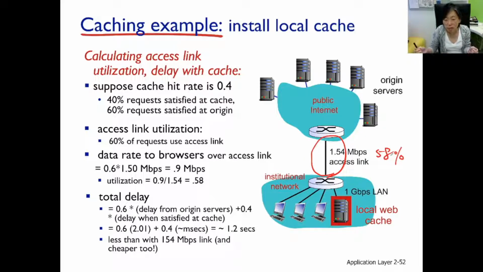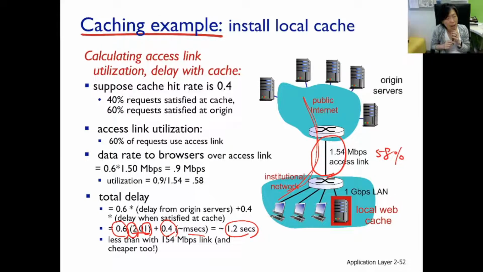So between minutes and milliseconds, pick, say, tens of milliseconds or hundreds of milliseconds, right? I'm trying to be a bit generous here and use 10 milliseconds only. And so the total delay here is about 2.01, 60% of that plus 40% of milliseconds. The dominating component is the 2 seconds. So you see here, the overall total delay on average is going to be about 1.2 something seconds.